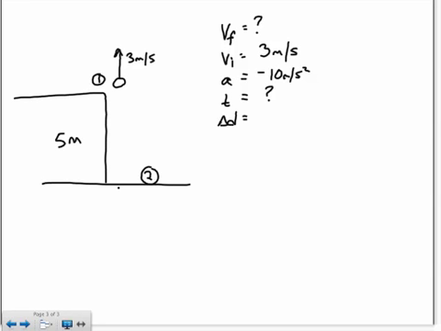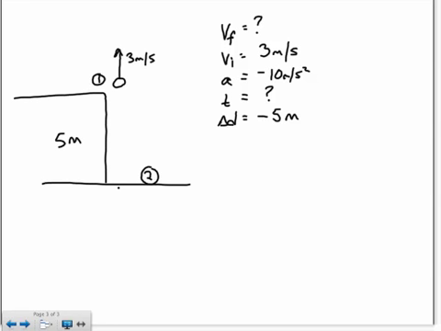Negative 5 meters. Regardless of what's happening between this point and this point, we could care less. All we care about is initial and final. This is displacement that we're looking at. So the displacement of this ball is going to be down 5 meters, regardless of the path. Now we know 3 things, we can solve for everything else.